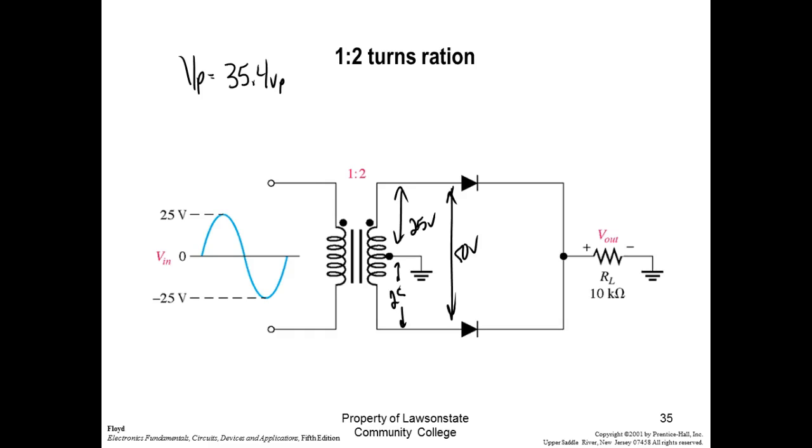Okay, then we call this V peak secondary. The next thing we're going to do is calculate V peak out, which actually sets the voltage. What would that be? Subtract the diode drop. Are we okay? Yes or no? Then I calculate my DC. What's my DC? 2V peak over pi.